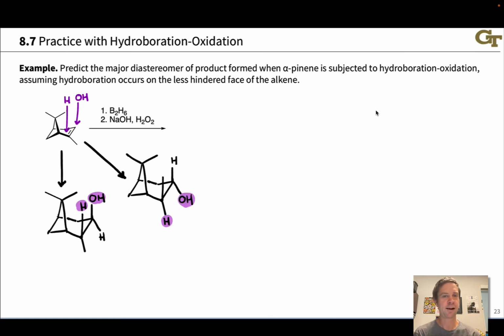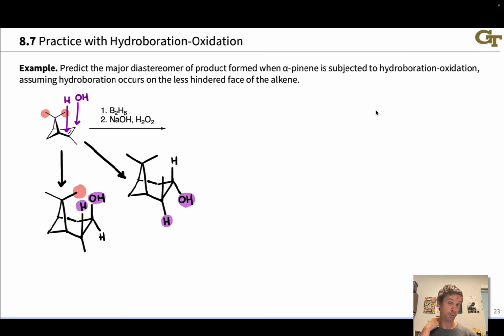All right, so there are H's and OH's, and in thinking through which diastereomer will be favored, we want to consider the two different steric environments above and below the alkene. And what we can notice is that these two methyl groups above the alkene create steric hindrance, create some blockage of that face or that side of the alkene, making it harder for the borane reagent, for example, to access the alkene from that top face.